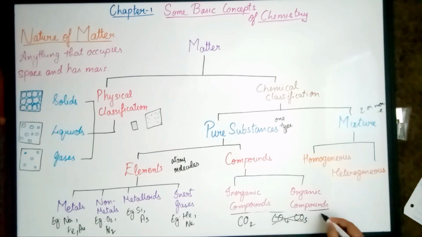Now, carbon is generally considered black, and it's a solid, whereas oxygen is a gas. But carbon dioxide is also a gas. So the property of carbon has changed to give us carbon dioxide, which is a gas. So this shows that there is a change in property.